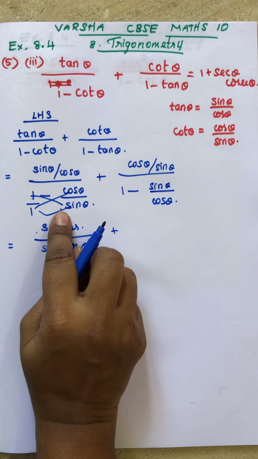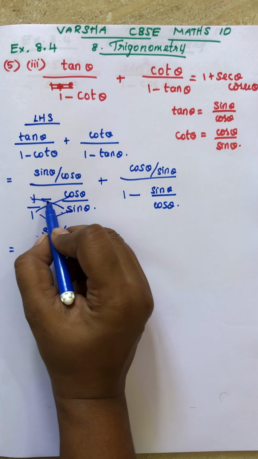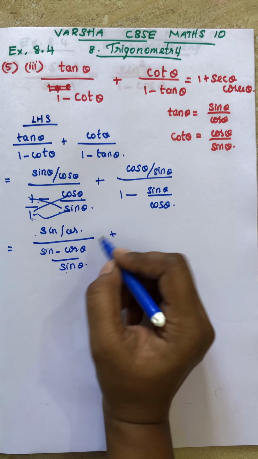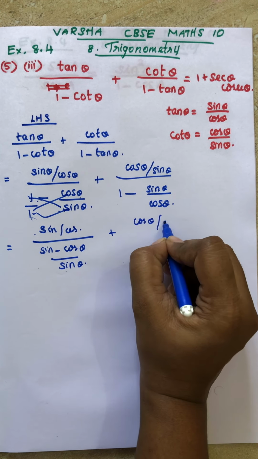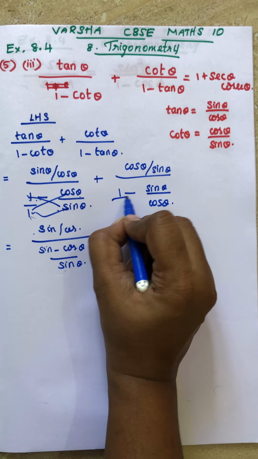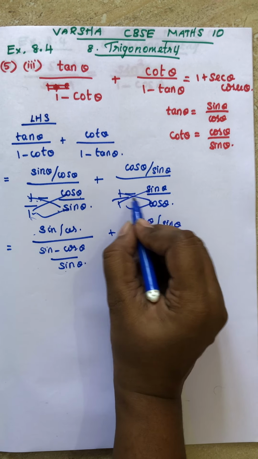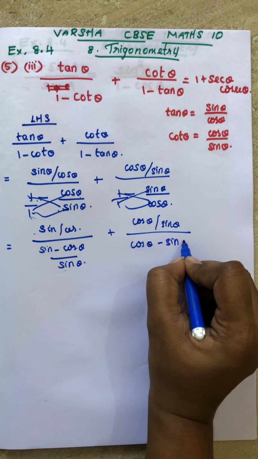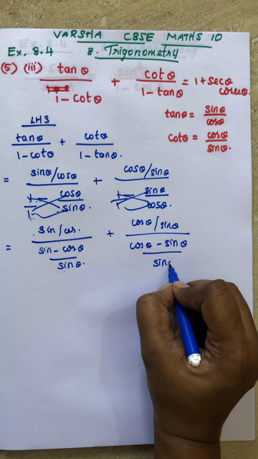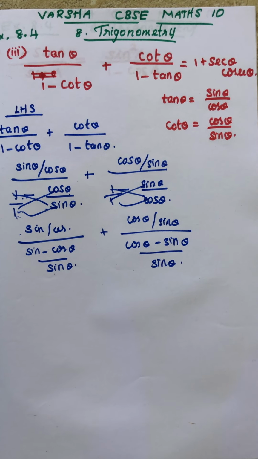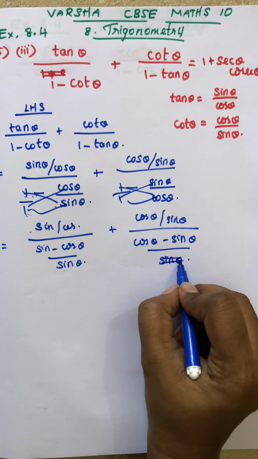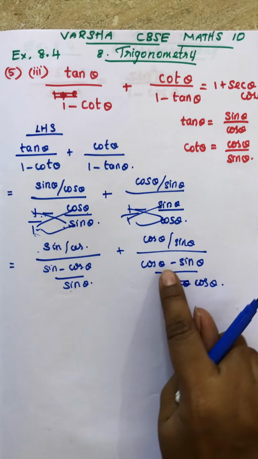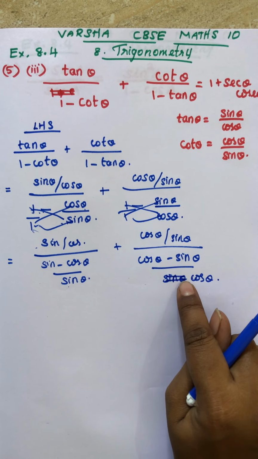Plus, do you understand this cross multiplication? 1 into sine theta, cos theta minus, denominator 1 into sine. Keep the denominator as it is and simplify the denominator by cross multiplying. So we get cos minus sine by sine. Okay students, by cos, sorry students. Do you understand? Yes. This is cos minus sine by cos theta.